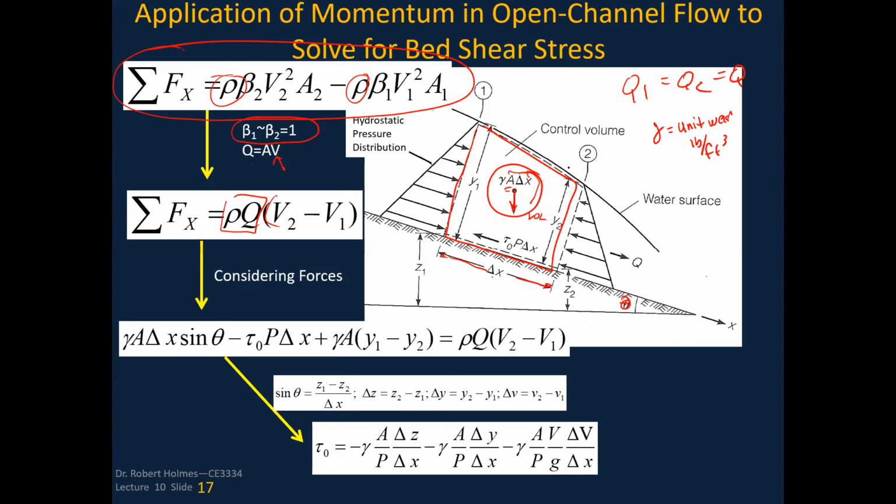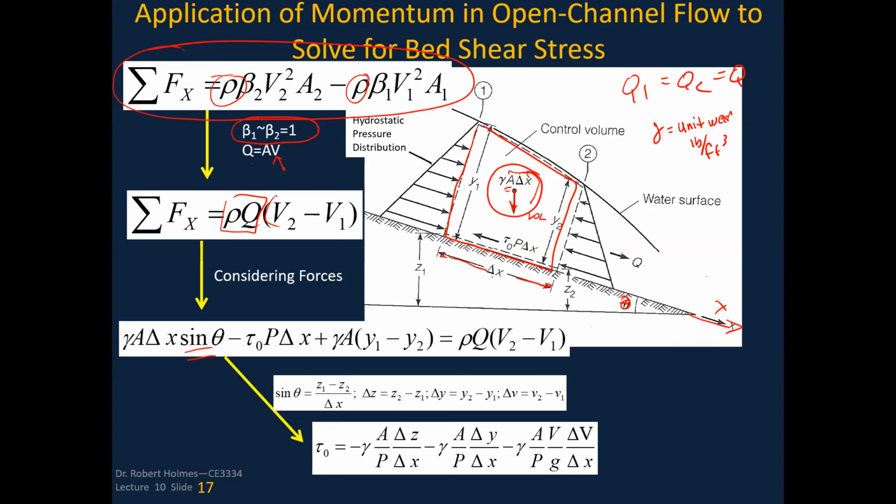Unit weight in pounds per cubic foot times the volume simply gives you the weight of that volume. And then if I multiply it by the sine of theta, I'm getting the value in the x direction. So I'm resolving that, and I'm calling this my x direction here, okay? So that's my weight force.